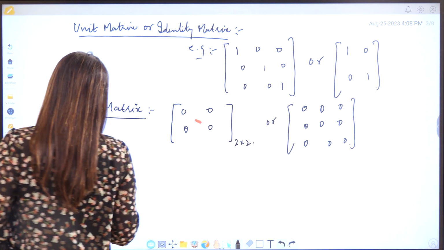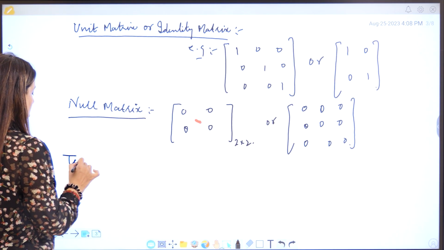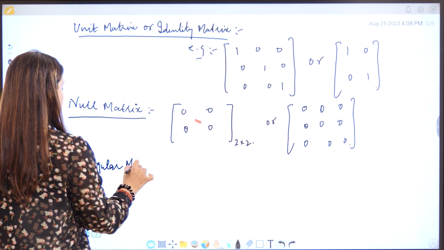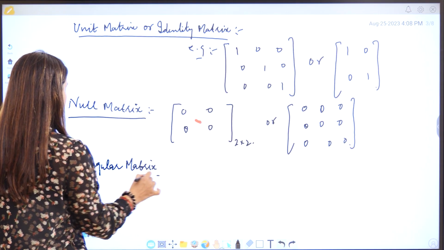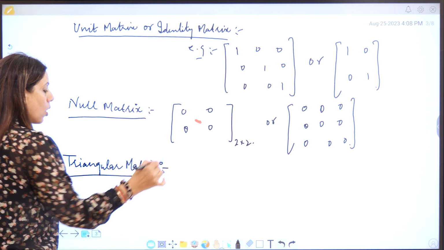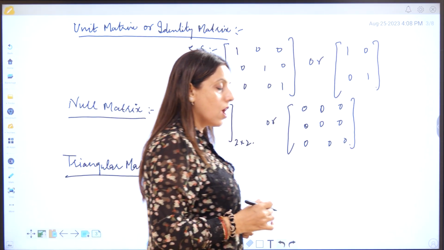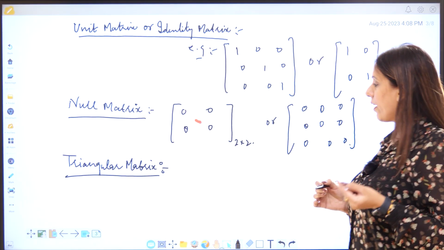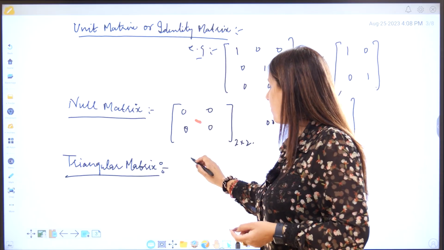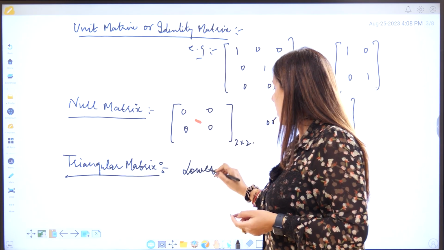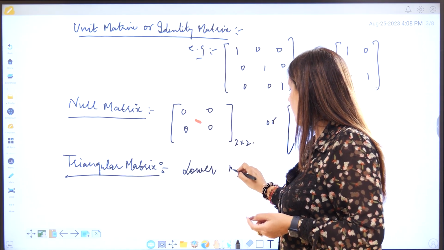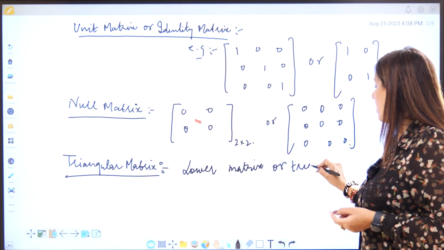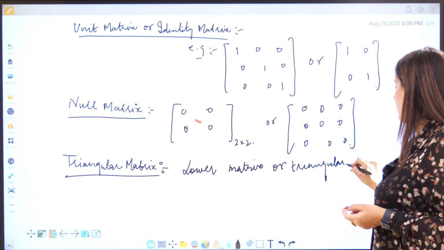And the another type is the triangular matrix. What is a triangular matrix? A matrix which is either a lower triangular matrix or an upper triangular matrix. Both are involved in the triangular matrix.